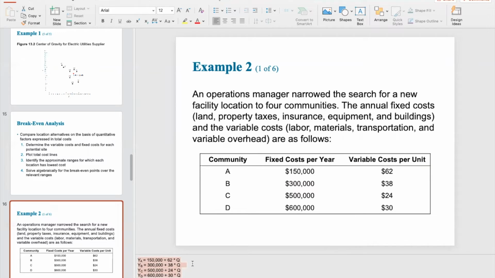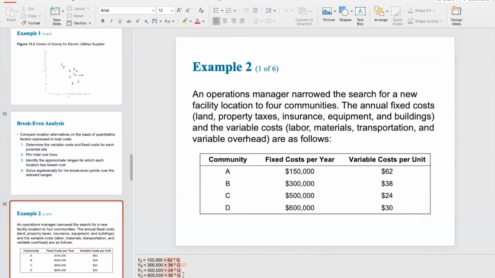No matter what the order quantity is, the total cost follows the function rule shown here. If I order 1,000 units of the product, exactly as we just mentioned, we plug 1,000 units into these four specific equations to get four different values, representing the total annual cost for building a factory within the corresponding community.